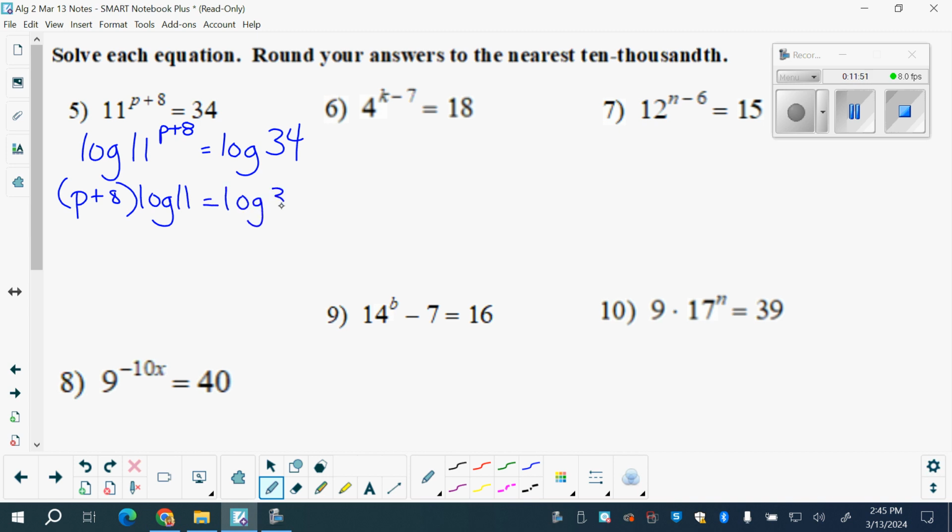Why? That's all together. I want to multiply not just the 8 by log 11, but the p plus 8 by log 11. So now what's my next step? Divide by log 11.